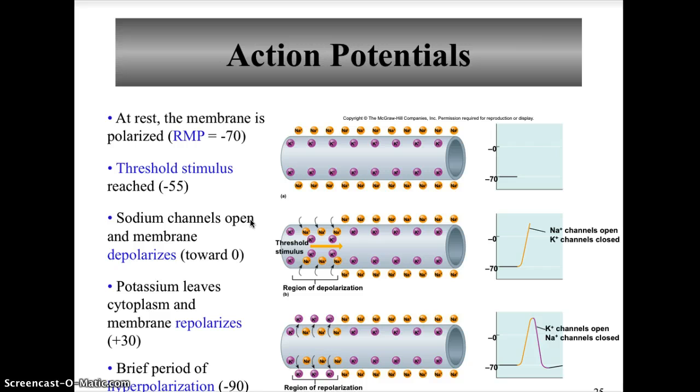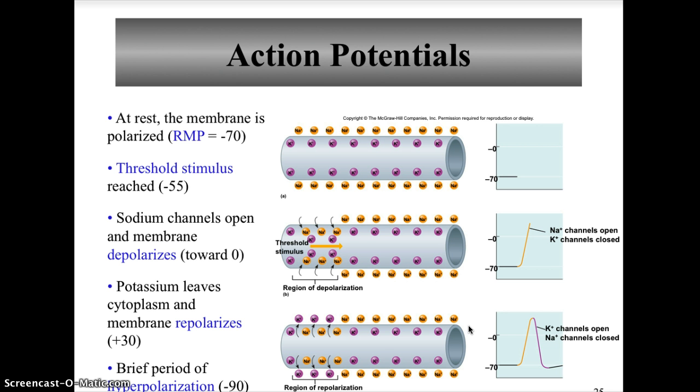So as we go further, the resting membrane of a neuron is depolarized to negative 55 millivolts. That causes that threshold potential to be reached. The threshold potential of the neuron is now at negative 55 millivolts. And therefore you have that threshold stimulus, which is about a positive 15 millivolts. When that threshold potential is reached, you have the rapid opening of sodium ion channels that are going to result in rapid depolarization.